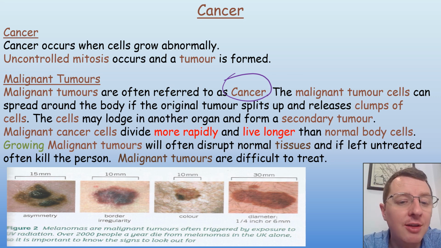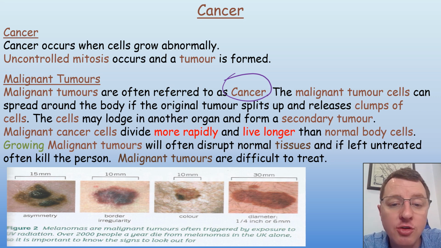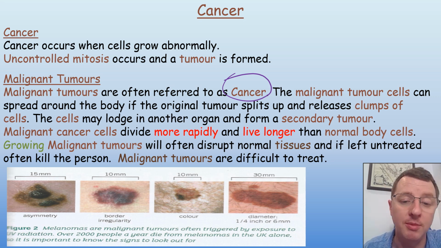So malignant cancer cells divide more rapidly and live longer than a normal body cell. And growing malignant tumours will often disrupt normal tissue if left untreated, and they will often kill the person. Malignant tumours are very difficult to treat, especially compared to a benign tumour.